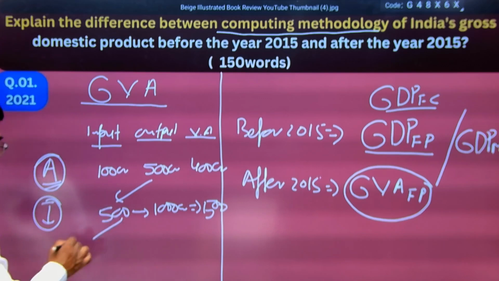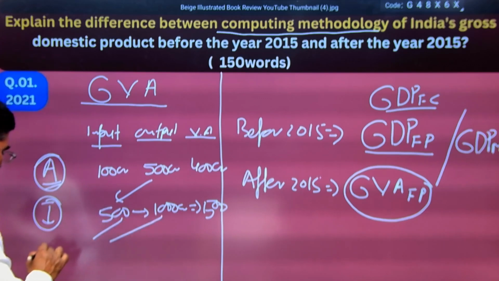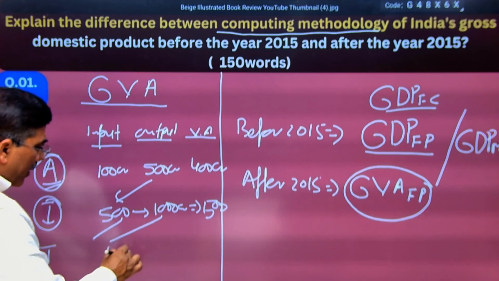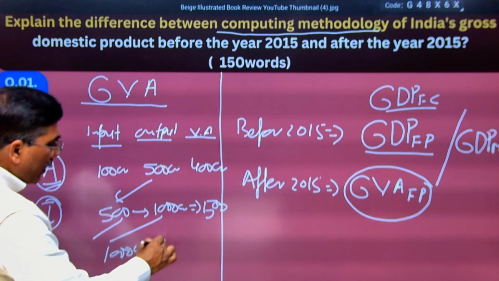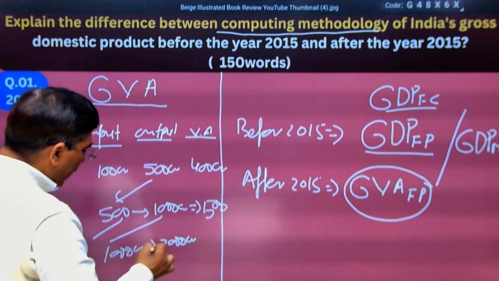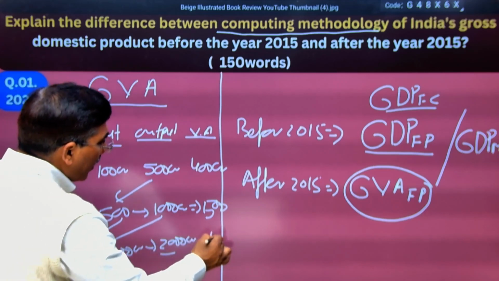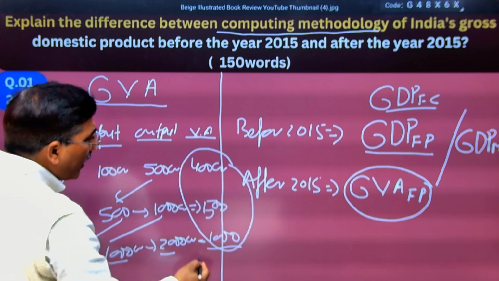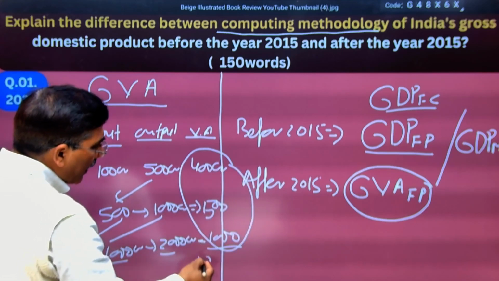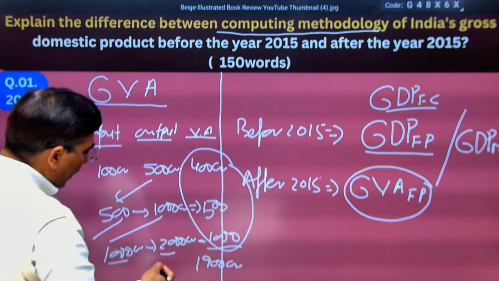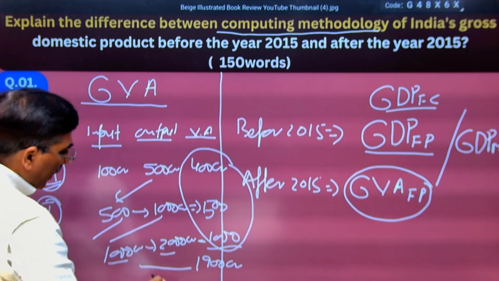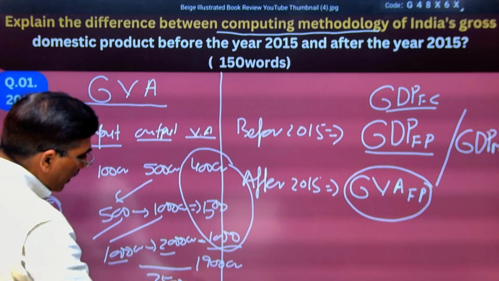And if this output of industries goes to the tertiary sector, service sector, trade sector, and they purchase at 1000 crore and sell for 2000 crore rupees, then the value addition by the tertiary sector is 1000 crore rupees. In this way, how much will gross value added be? That is 1900 crore. And GDP in the output method will be 3500 crore.